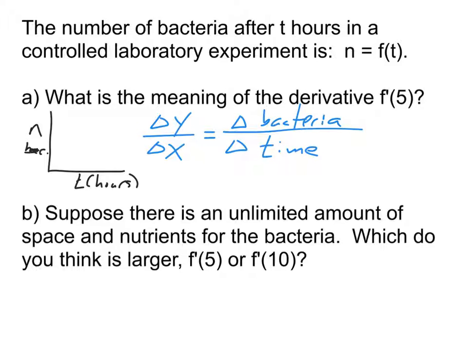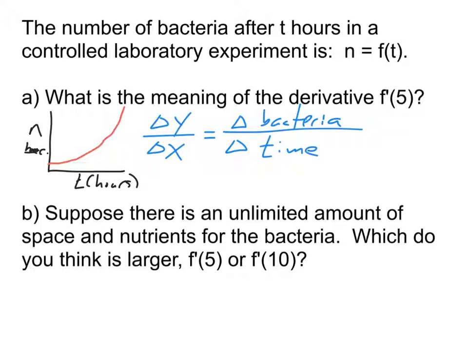Well, again, we go back to thinking about what it really represents. It's how quickly the number of bacteria is growing over time. So what kind of shape would this graph be? I'm envisioning something that looks like this, because it's kind of like exponential growth, where if it doubles after an hour, then we're doubling that doubled amount for the next hour, and then doubling that amount for the next hour.